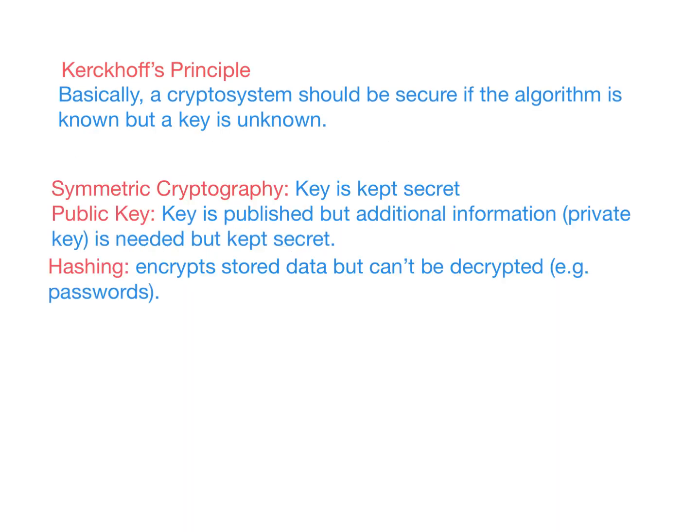So this principle that says a crypto system should be secure if the algorithm is known but the key is unknown was posited about a century or so ago, but is so much more relevant today. See, because we use computers to do cryptography, we need to know the algorithm for a certain method of encryption.